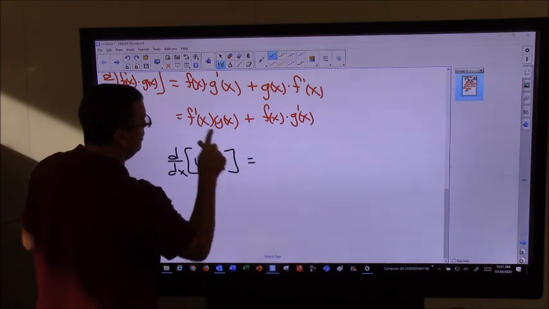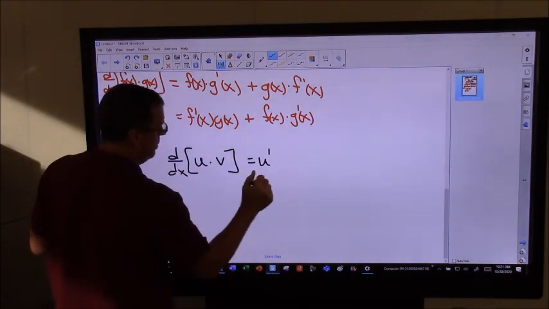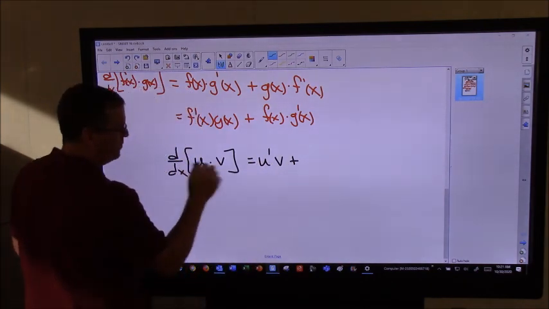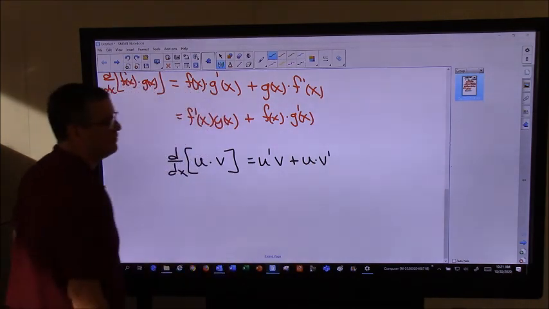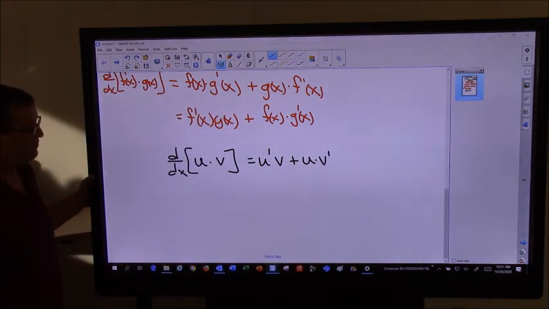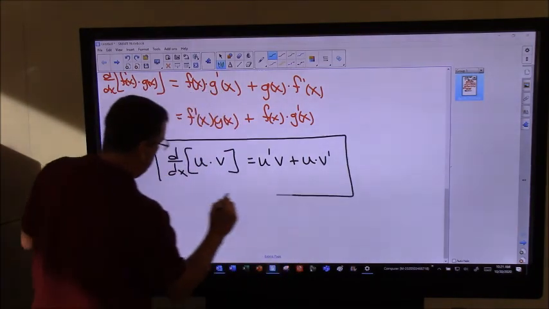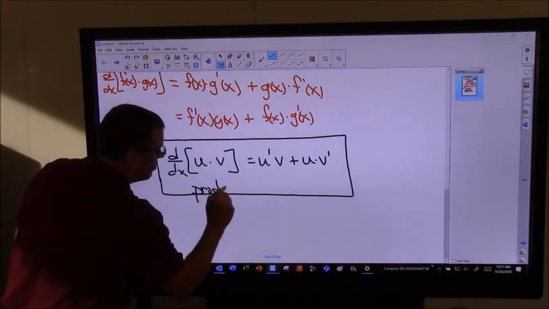So what I just said right here is take the derivative of the first piece, so u prime, times the second, plus, leave the first the way it is, times the derivative of the second piece. This right here is what we call the product rule.